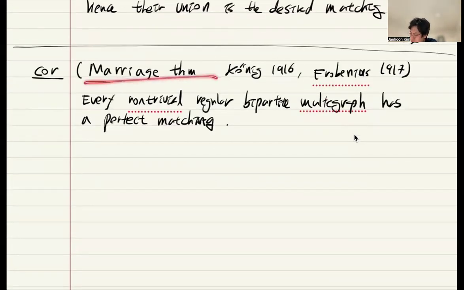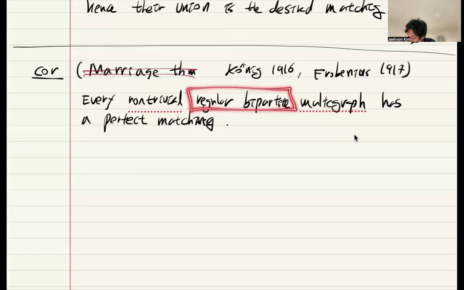It was called the marriage theorem when they proved this, but perhaps this is no longer a good name. For one, these two conditions, regular, so everybody has the same degree, is not really true in a marriage situation, right?